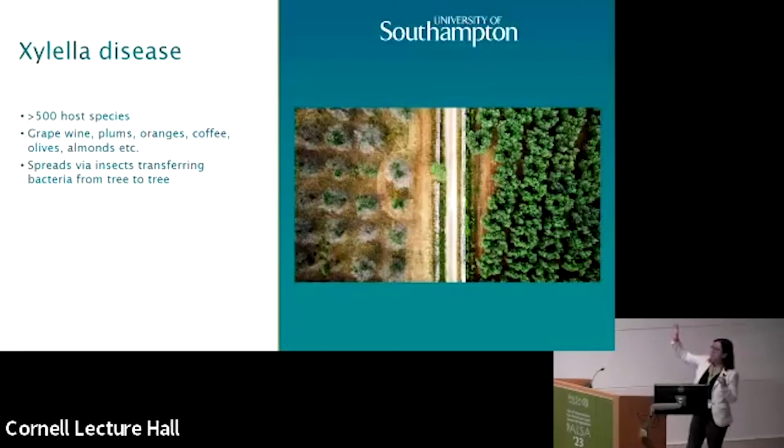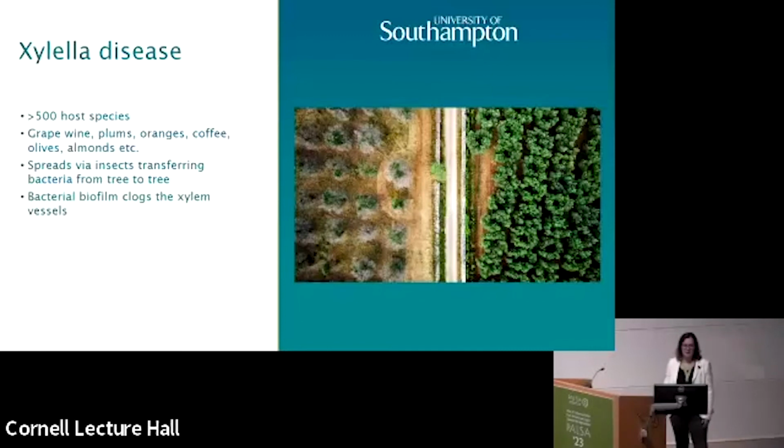And yet, what you see here is on the left, there is a regular olive orchard, which is all dying off effectively. And on the right, there's a resistant variety of olive trees. And nobody quite knows what things contribute to this susceptibility versus resistance.